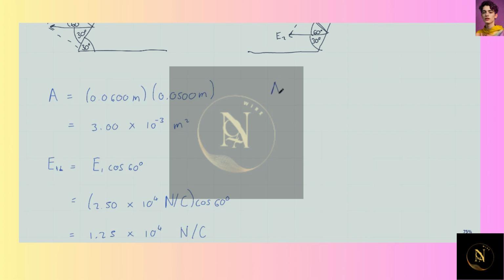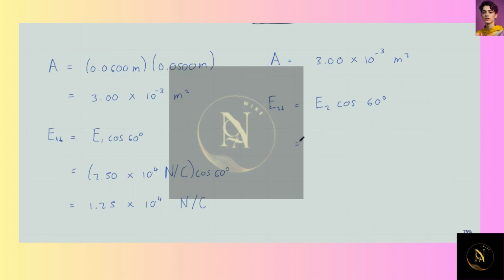So the area A for the other face is the same, 0.06 times 0.05. So again, this is 3 times 10 to the minus 3 square meters. The component of the electric field perpendicular to the surface, E2 perpendicular, is the magnitude E2 times the cosine of 60 degrees.